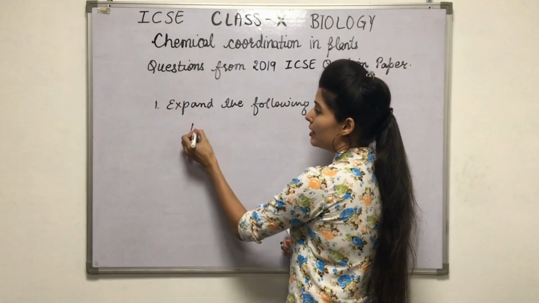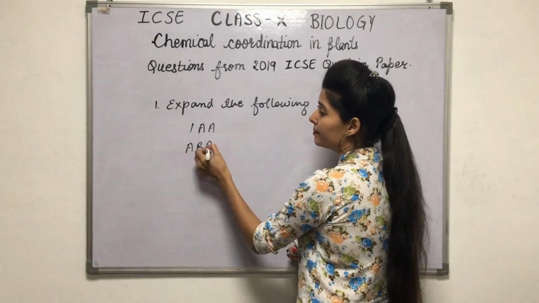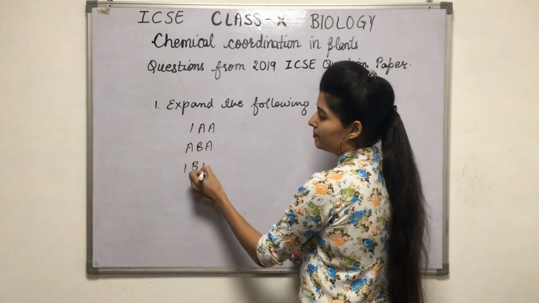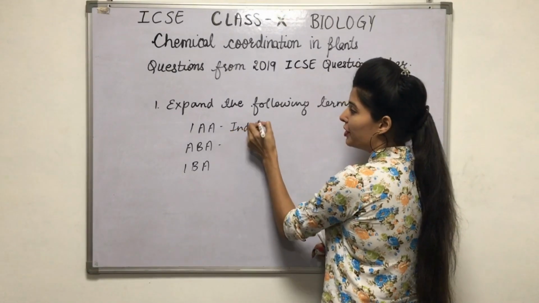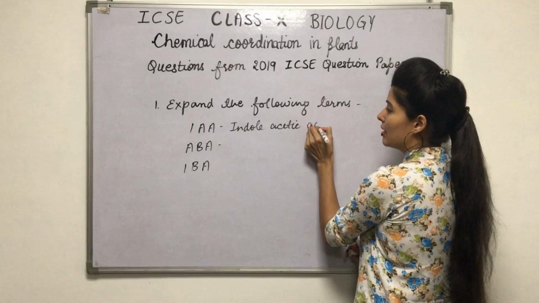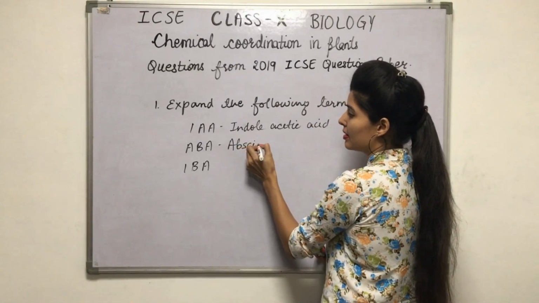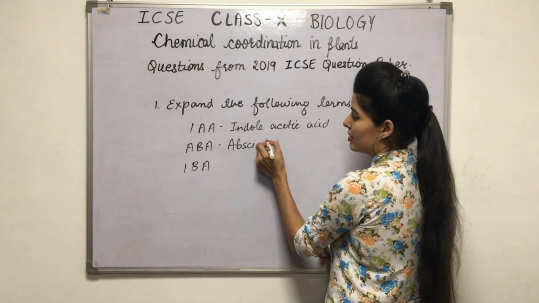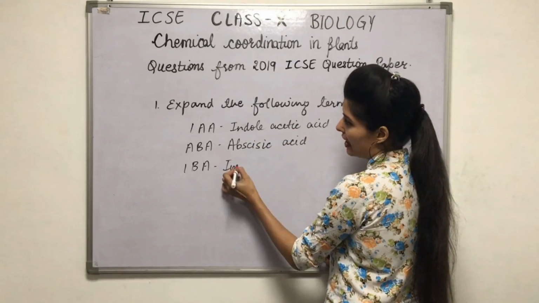For example, IAA, ABA, IBA: indole acetic acid, abscisic acid, and indole butyric acid.